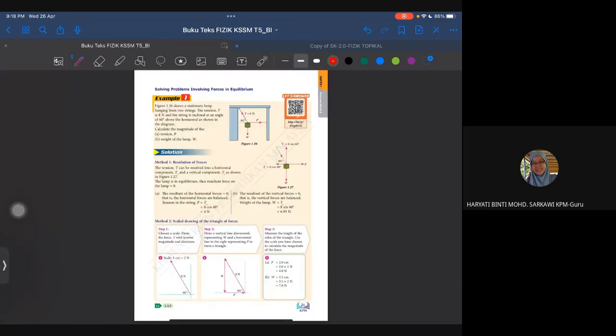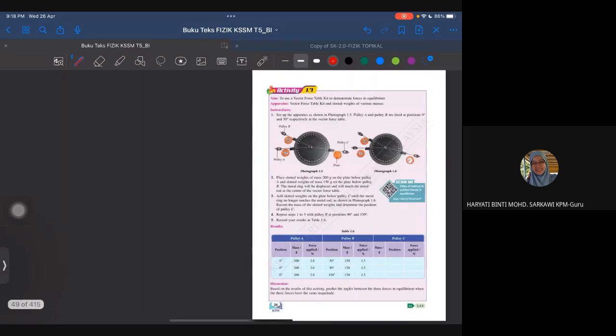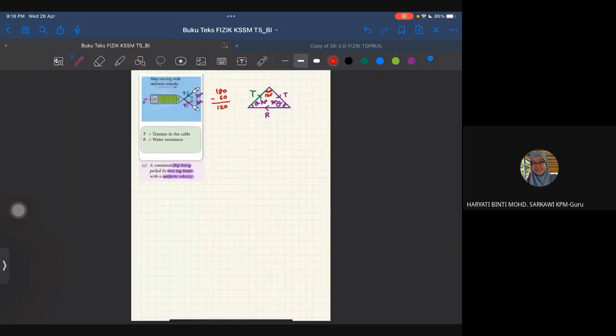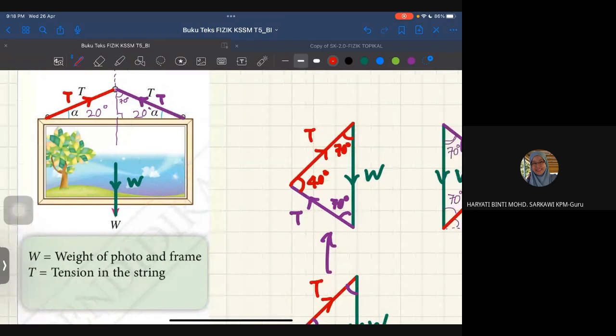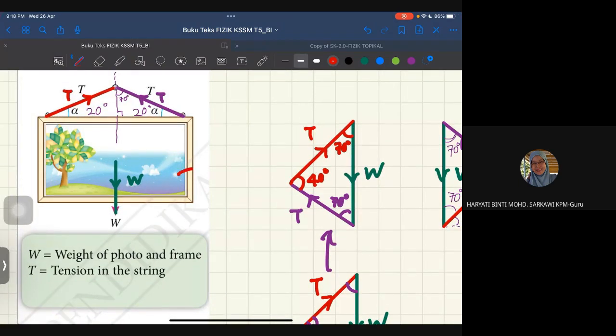Okay, now they normally will give you the magnitude of one of the forces. The favorite one will be W. They normally give you what W is. Let's say they give you the mass of the frame is 5 kilograms. What will be W?